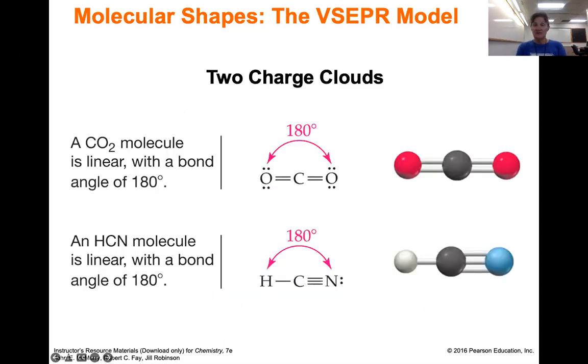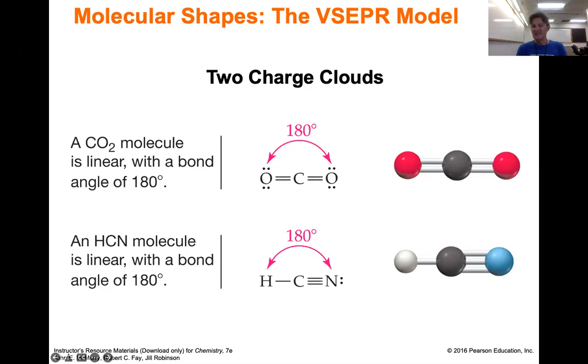When we only have two charge clouds, in this case we're talking about the central atom, carbon, which has two bonds. One of each of them is a double bond in carbon dioxide. But that's still just two different regions of space where we want to put electrons. The best geometry is to have it 180 degrees, so that those electrons around the carbon atom can be 180 degrees apart.